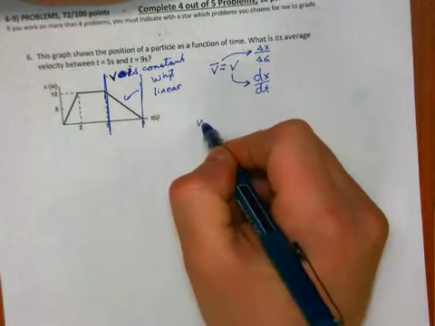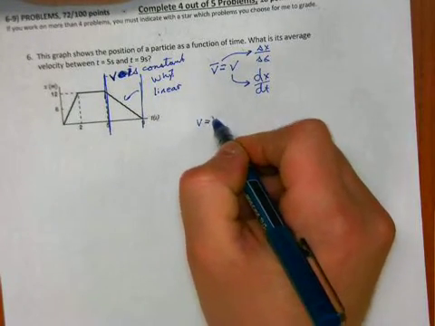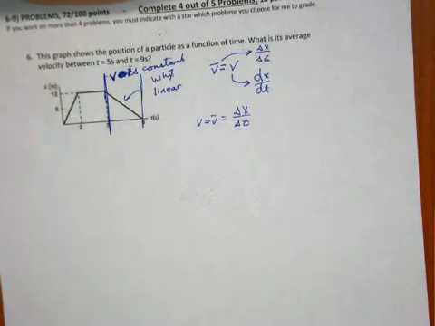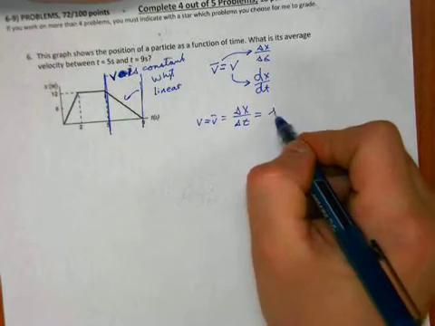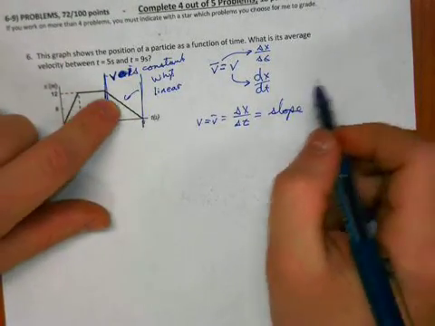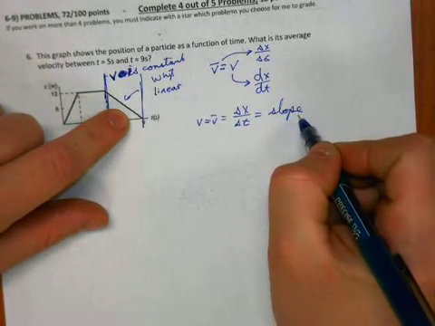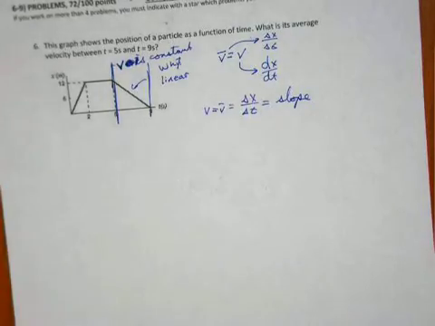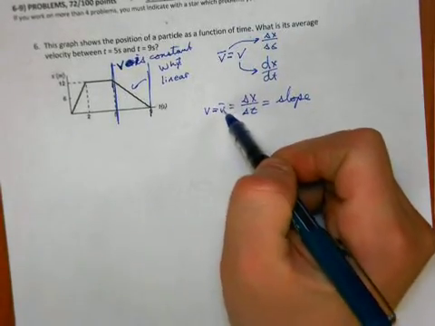All we're going to have to compute is v equals v average equals delta x over delta t, which is the same thing as saying the slope. So if the graph is linear, then you can say the instantaneous velocity equals the average velocity.